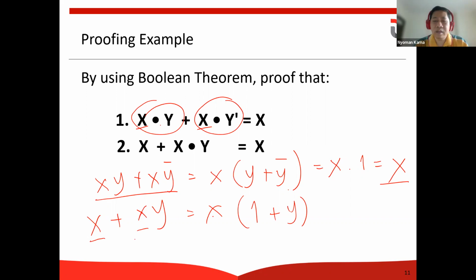Because this will become x times 1, which is actually x, plus x times y. And then this will become x times 1, and will become x. Okay.